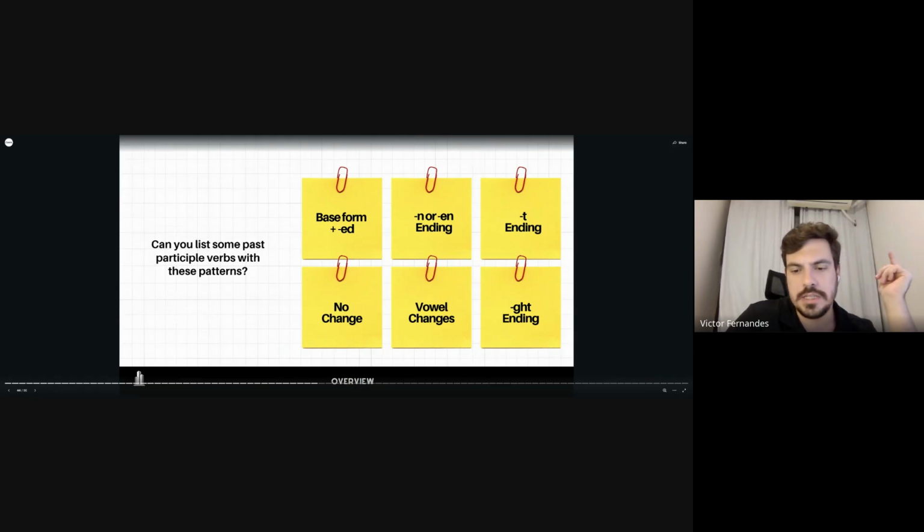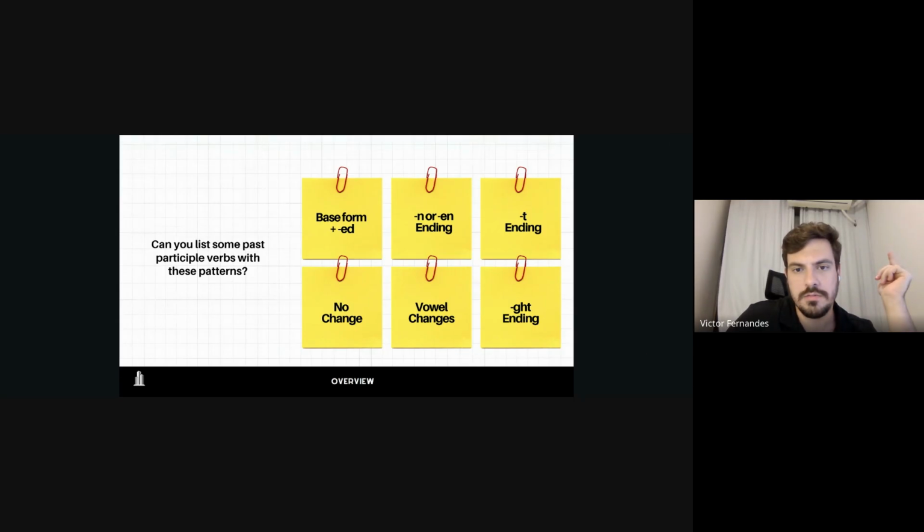Is that an exercise? Should I skip this one? What, 38? 51. No. Okay. So in this case, can you list the past participle of the verbs with this pattern? So we have base form, the EN or N ending, the T ending, the ones that don't change, the vowel changes, and the GHT ending.